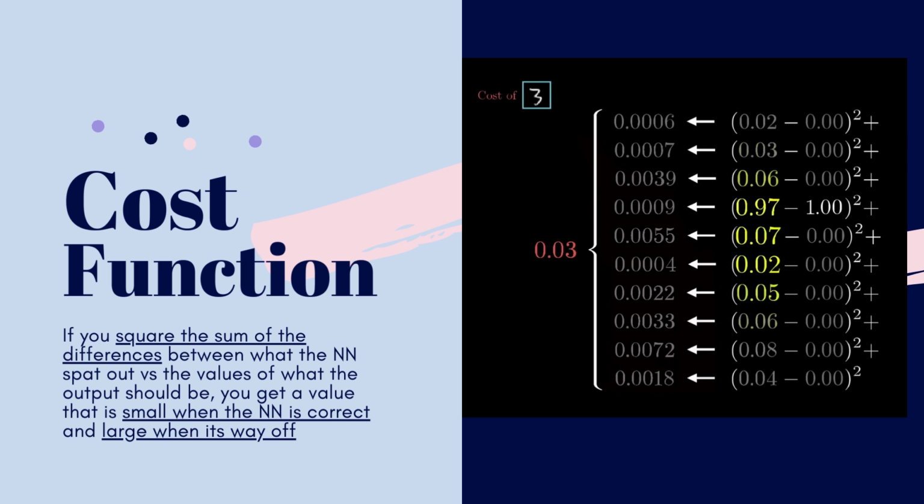And what's interesting about when you add all of these up and average them, is that you get a value that is small when you subtract them and the neural network accurately classifies the image, and it has a large cost when the neural network is way off.